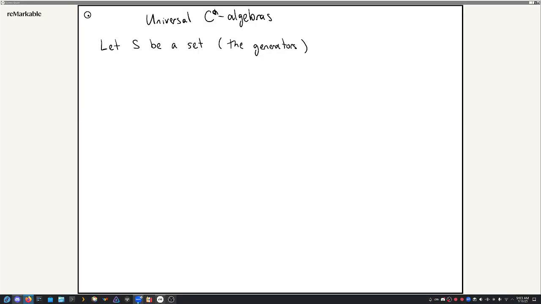By a relation, I mean just some non-commutative polynomial in the members of S. So every relation R is going to be a non-commutative polynomial in the members of S.